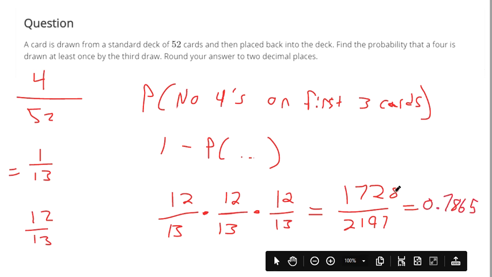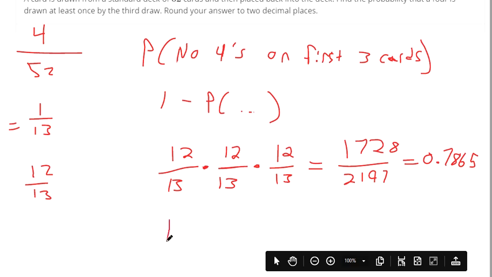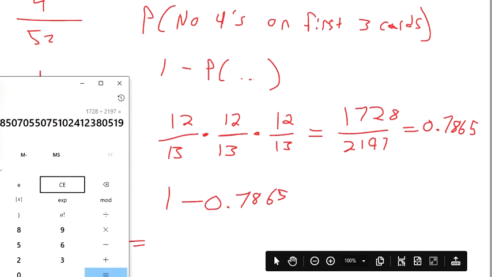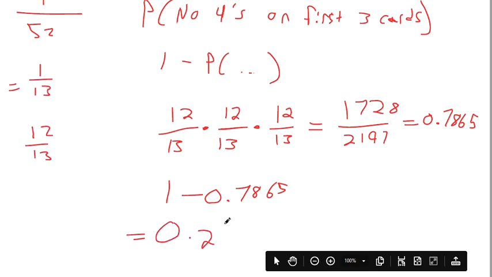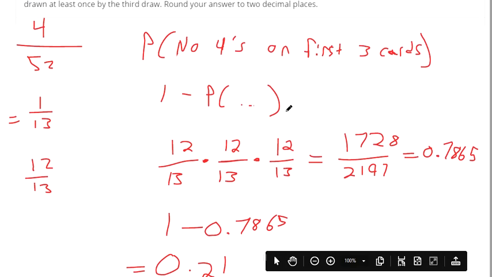That's the probability of getting no 4s on the first 3 cards. So the probability that we get at least one 4 is found by subtracting these. So 0.21 if we round our answer to 2 decimal places.